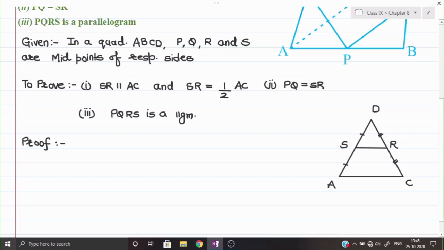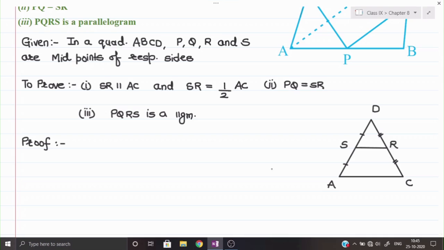So if you join the line SR, the line joining the midpoints is always parallel to the third side and it will be half of the third side. So first part got over. SR is parallel to AC and SR is equal to half of AC.